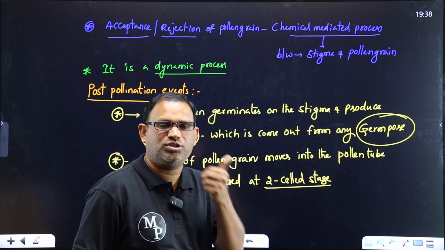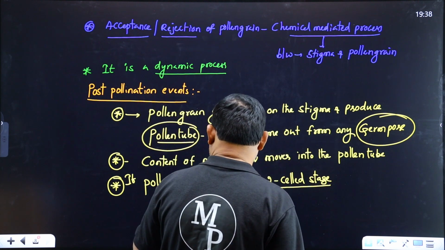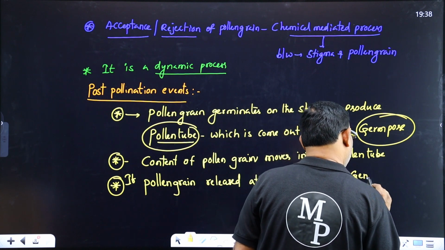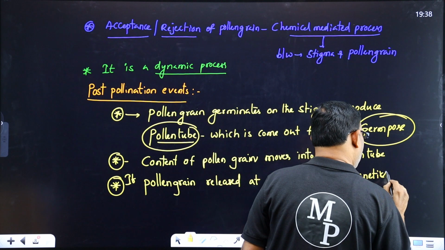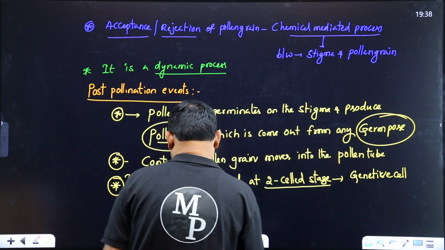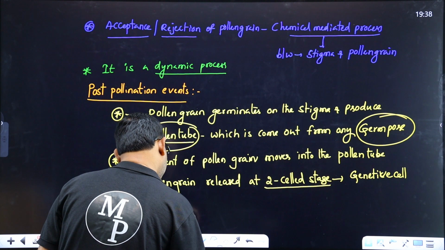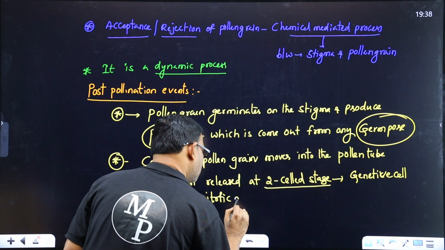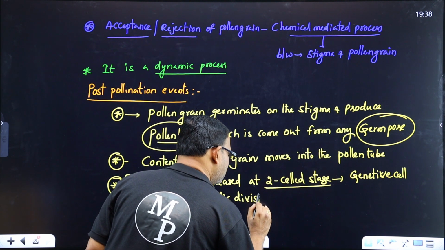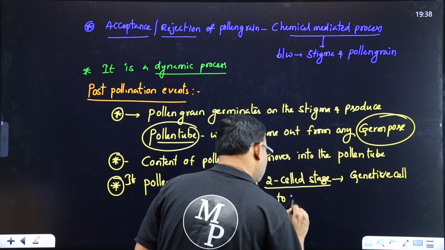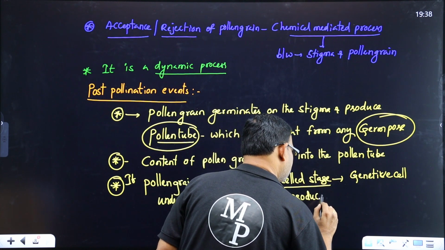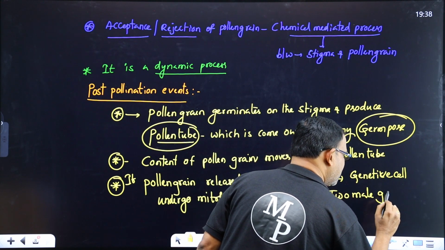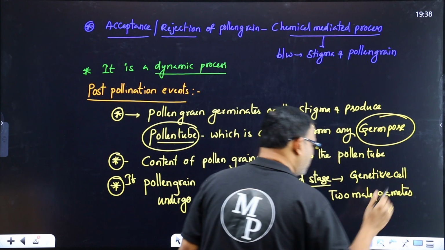If the pollen grain is released at the two-celled stage, then the generative cell undergoes mitotic division to produce two male gametes. ఇదంతా ఎప్పుడు జరుగుతుందన్నా?